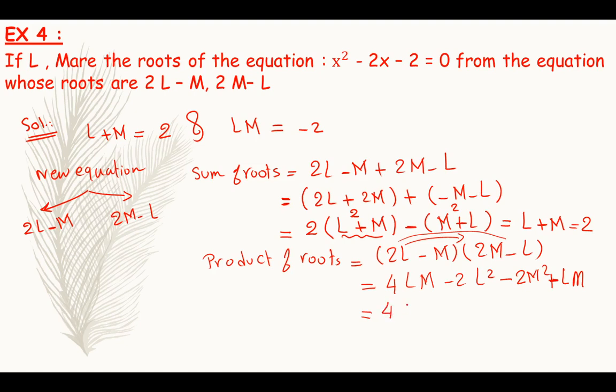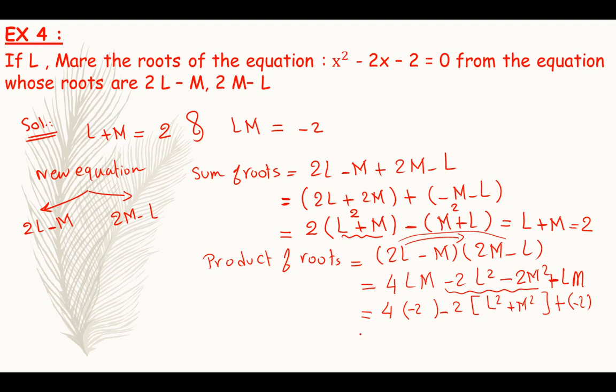Here 4 multiplied by LM, LM equals negative 2, and here we are going to take negative 2 as a common factor. The result will be L squared plus M squared, and plus LM, and we know that LM equals negative 2. Here again we are going to replace L squared plus M squared by the rule.